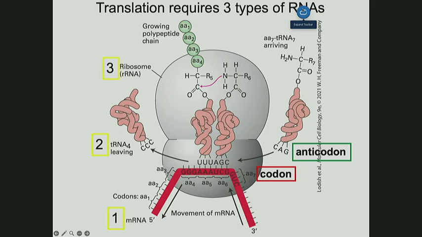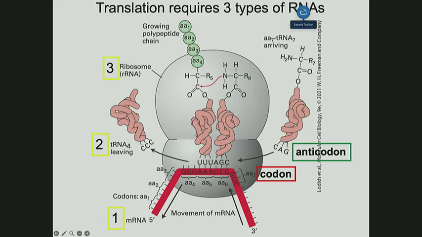So translation really requires three types of RNA. First, you're going to need your messenger RNA. This is the code, and it is read in groups of three. Those are called the codons. The messenger RNA has the codons.